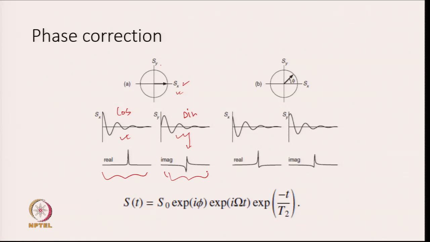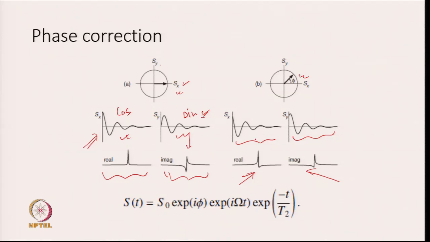But suppose our 90 degree pulse is not exactly 90 degrees. So, what we will get is a signal which has a phase with the x and y axis. In that case, your signal will not be exactly like this one and this one, it will have a slight phase shift, and your real part will look like this, your imaginary part will look like this.